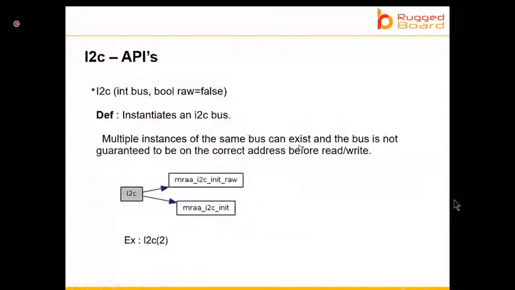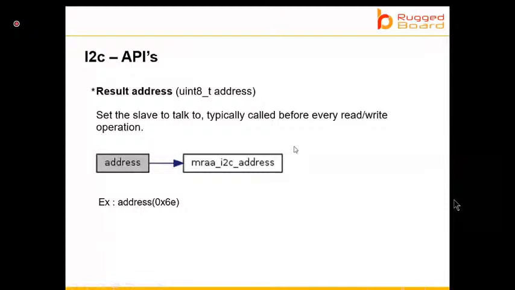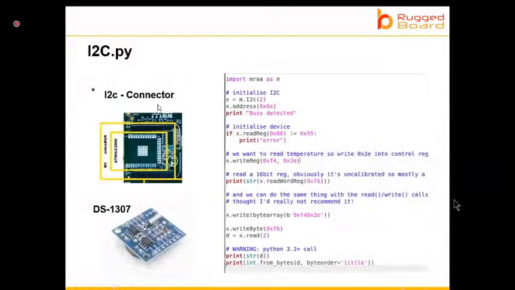So the I2C, again similar, I will quickly go to the code here. Here you have created an I2C device, and you are trying to read the register, initialize the device by reading this register, and checking whether this is the address of the device.